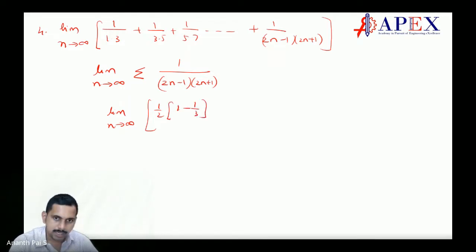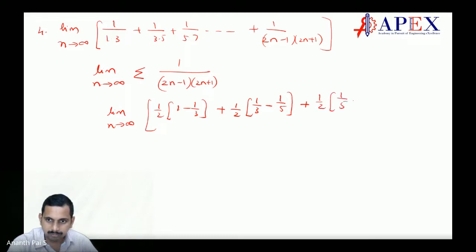And then this, 3 into 5, would be half into 1 by 3 minus 1 by 5, plus half into 1 by 5 minus 1 by 7. Like this it moves. This is one of the important ways we have to solve. These questions have come.